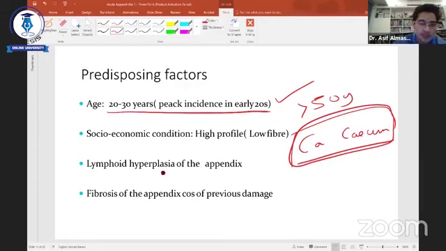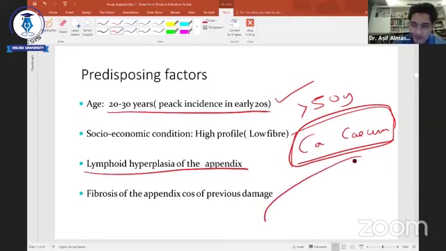Lymphoid hyperplasia is another problem, because if you remember, if this is the appendix and there are lymph nodes, if there's lymphoid hyperplasia, it blocks the area.